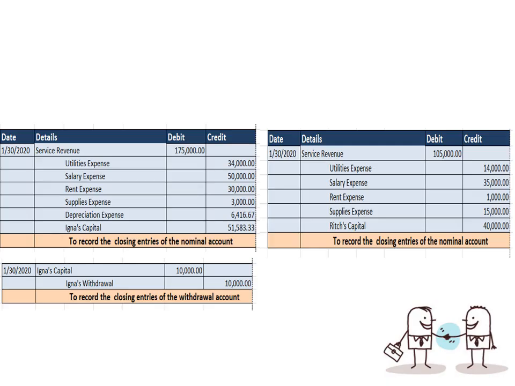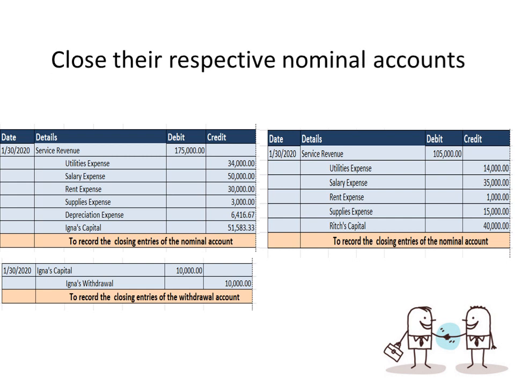Okay? So, let's first close all their respective nominal accounts. What is a nominal account again? These are our income statement accounts. Let's see the two books. For Igna's book, we have to close service revenue, 175,000. Debit, because it was credited.